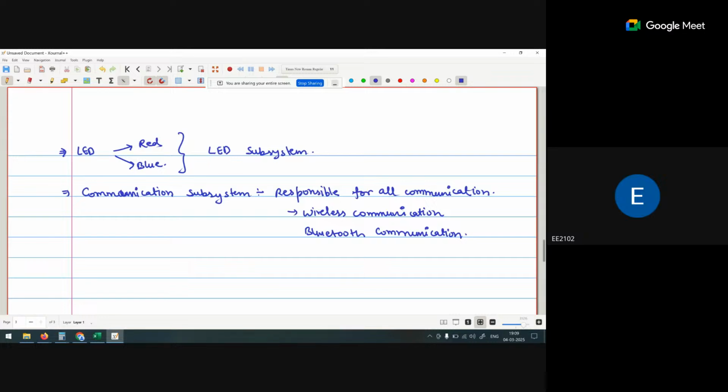Second, if we are talking about the earbuds, between the two earbuds there is also a communication.